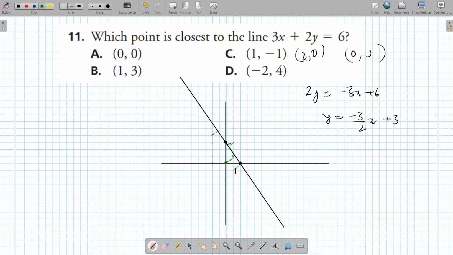All four of them, which come from all 4 points, have a slope of 2 over 3, okay? The only missing component is that we don't know what the intercept is. How do you find the intercept? You plug in a point. So for A, you plug in (0, 0), so your intercept becomes 0 for A. So your equation for A is y equals 2 over 3 x. Okay?